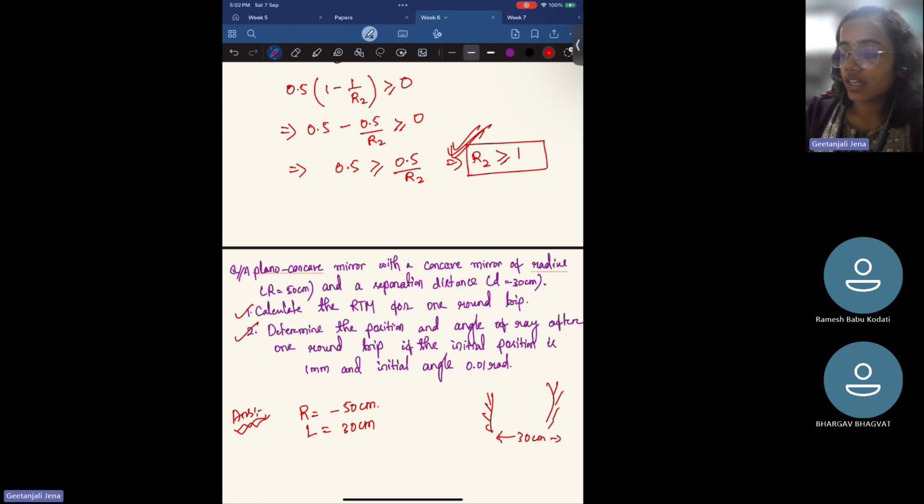Now it is asking to calculate the RTM, the ray transfer matrix, for one round trip. So when the ray goes from here to here and comes back to here, what is the ray transfer matrix for one round trip inside this plano concave mirror resonator?